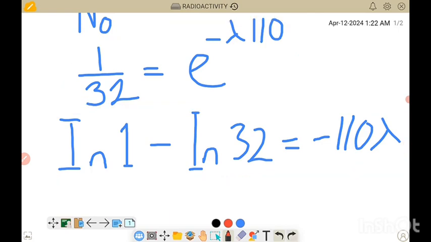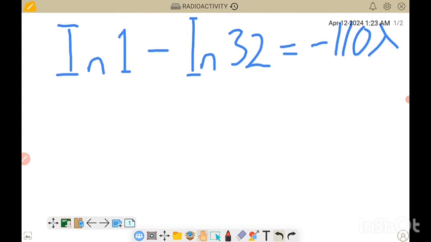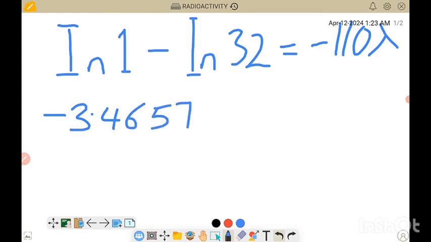Now from here you can just pick up your calculator and press the values. From what we have, ln 1 minus ln 32 on your calculator, you can press it direct. ln 1 minus ln 32 will give you minus 3.4657. That is what it will give you.